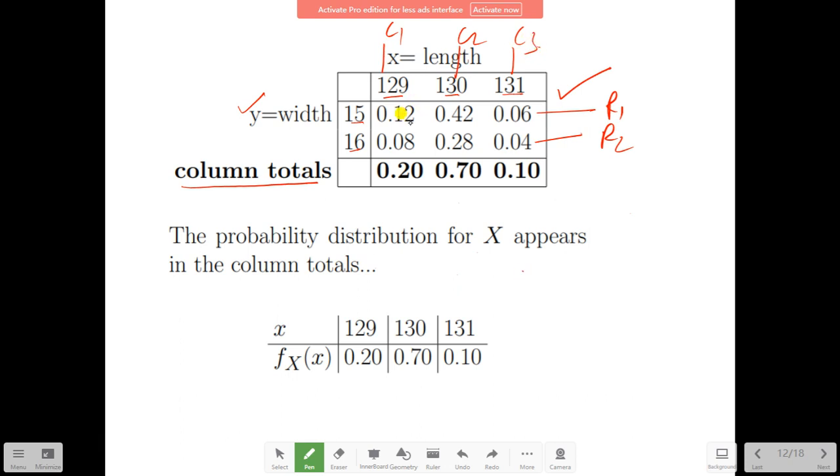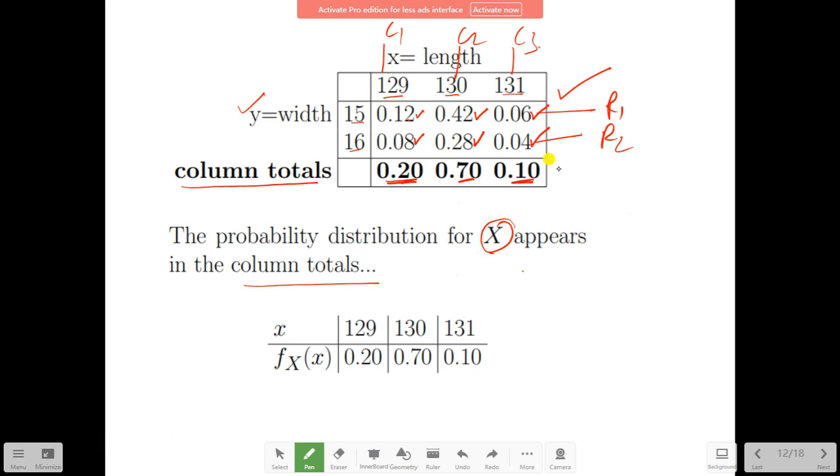Column sums: 0.12 plus 0.08 is 0.20. Similarly here 0.42 plus 0.28 is 0.70. Here 0.06 plus 0.04 is 0.10. So the probability distribution for the random variable x appears in the column totals.